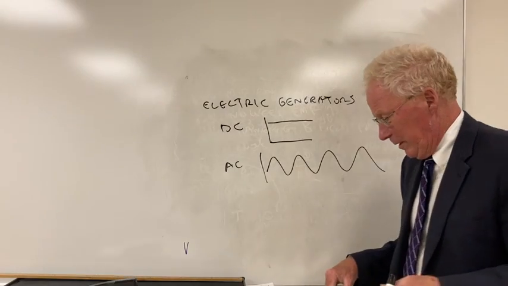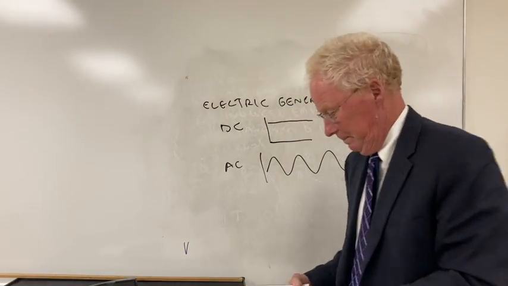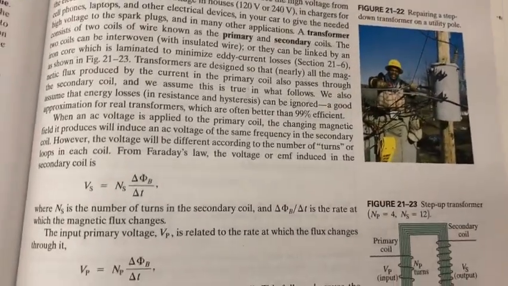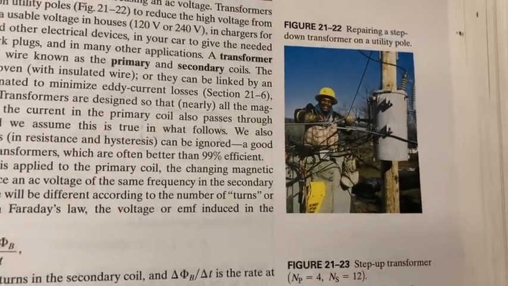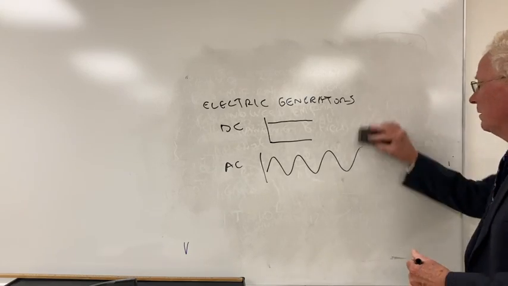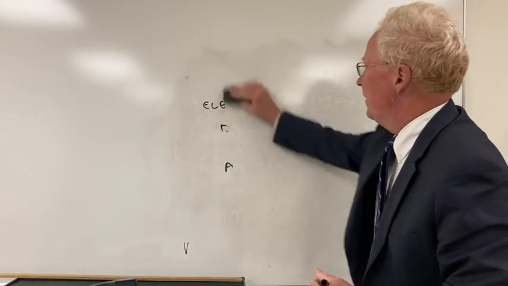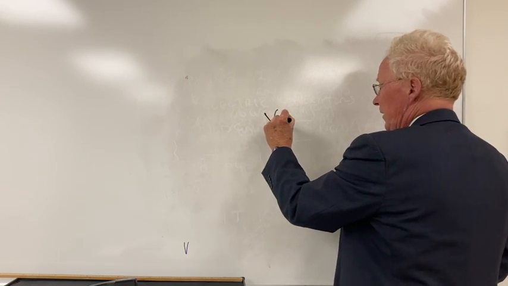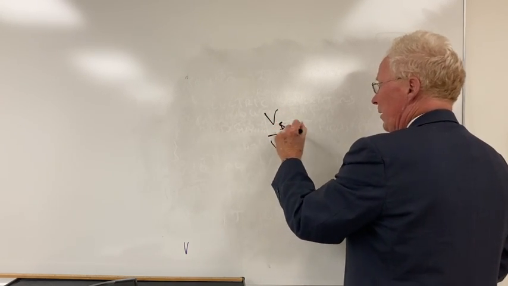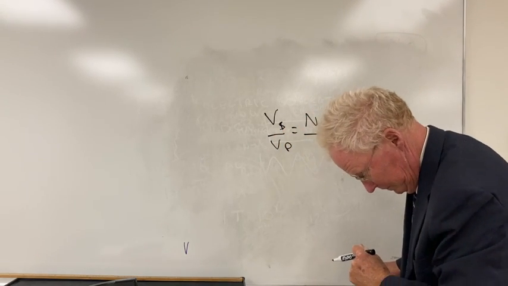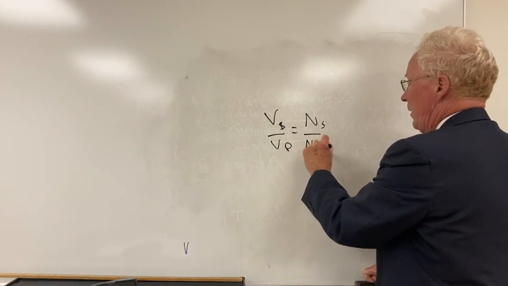We had talked about the transformer. Again, the transformer is how power is delivered by stepping up or stepping down voltage, with AC current, where V secondary over V primary is the number of secondary turns over the number of primary turns.